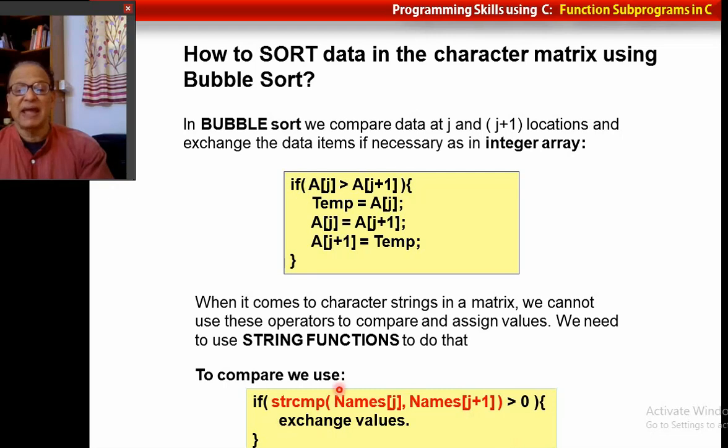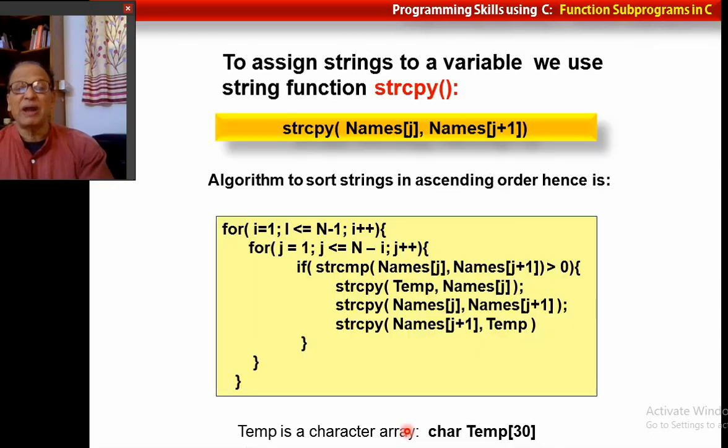Then I do the exchange of values. So how do I do the exchange? I cannot use the assignment operator. I have to again use strcpy, string copy. String copy names[j+1] to names[j]. So that is what is being done here.